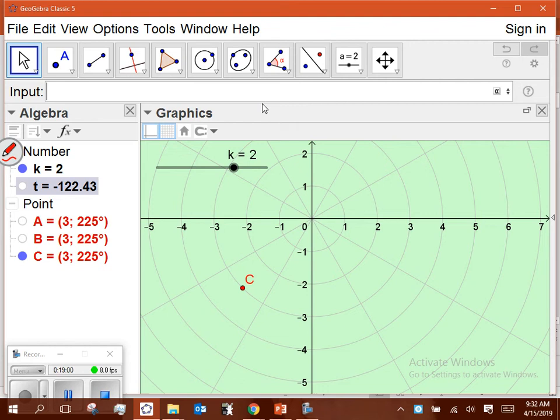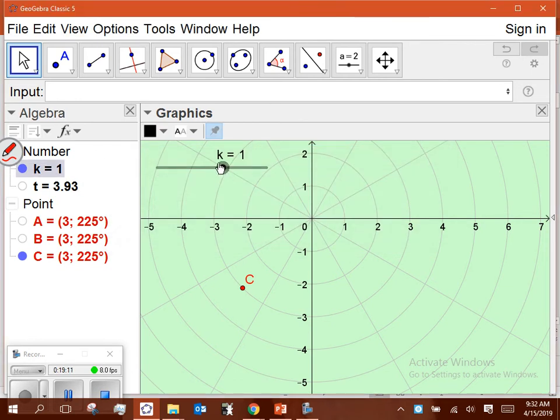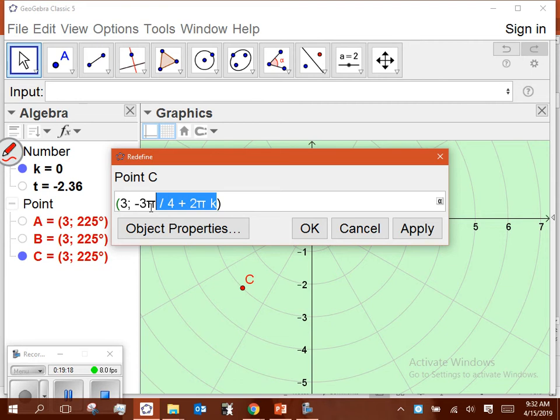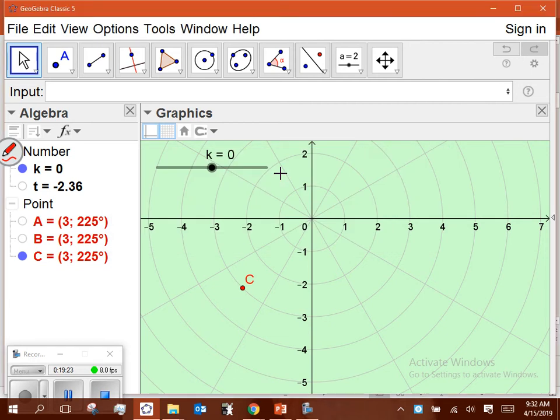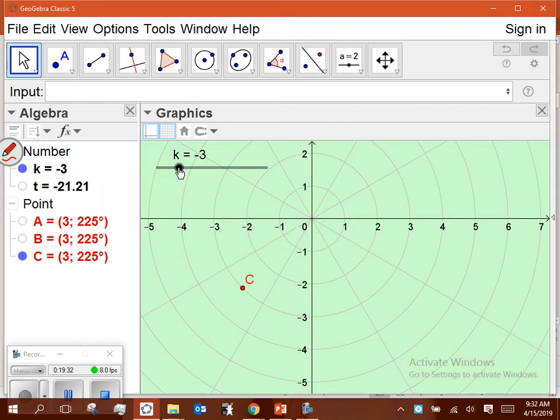So it gives me that thing there. Did I do that right? Negative 3 pi over 4. Okay. Is that doable? Okay, so you're seeing it change there. So let's write that as 3 comma, and then we'll go t. And now, even though you see t changing, the point C, which is described by t, does not move, right?